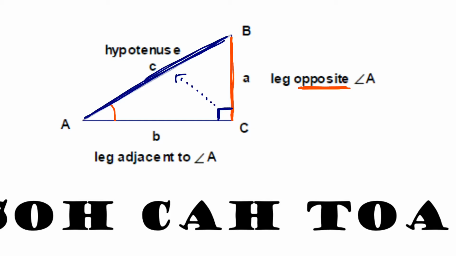And with respect to angle A, this third side that I'm darkening in green is the side that is adjacent to angle A. These are the three sides we're going to use to form our trig ratios: the opposite, the hypotenuse, and the adjacent, in this case with respect to angle A.